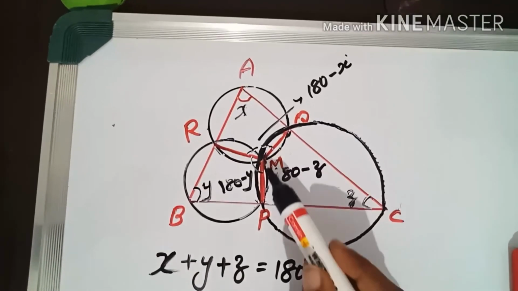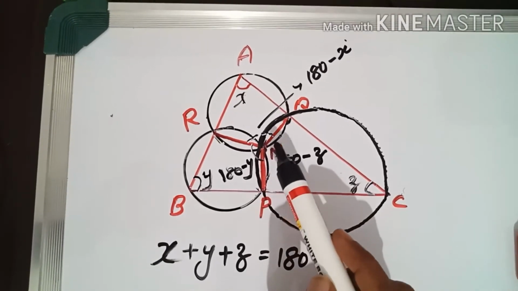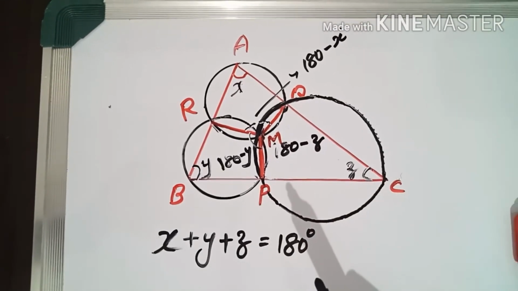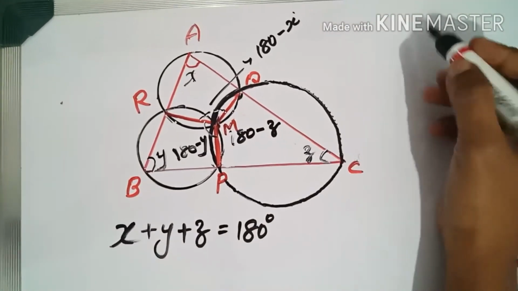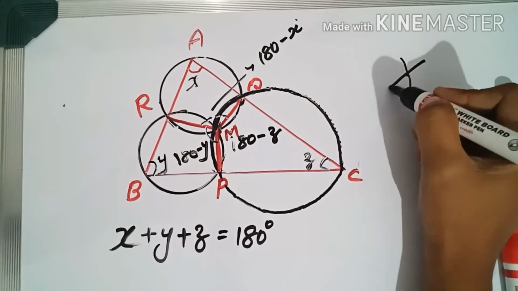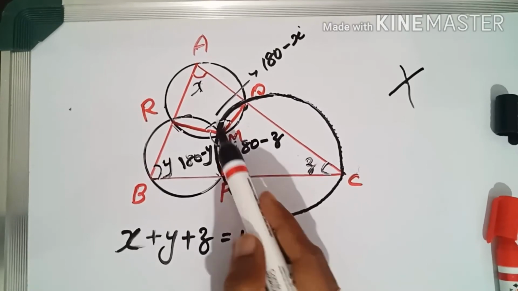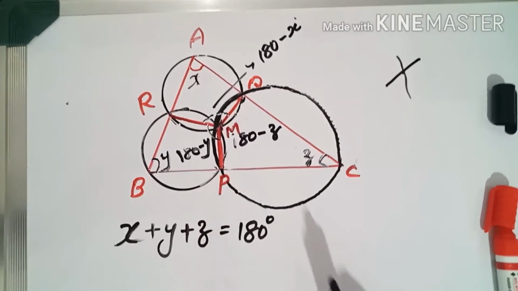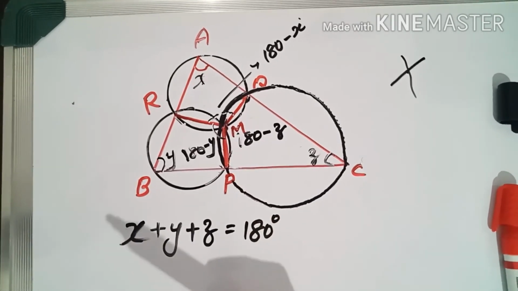Now if M is a common point of these three circles, we must get the sum of all these three angles as 360 degree, isn't it? Angle around a point is 360 degree, so if M is a common point, it is divided into three angles. The sum of all these three angles must be 360 degree. Then we can say that this M is a common point.